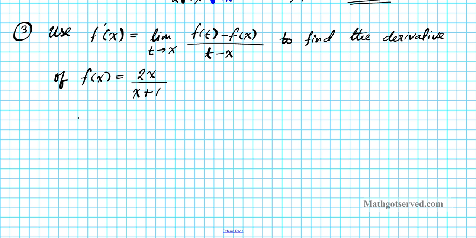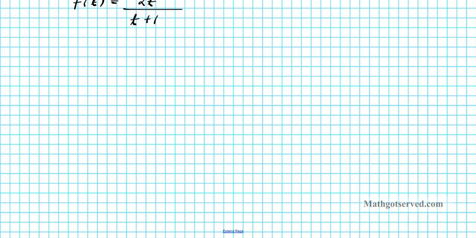We need to find out what f of t is. F of t is what you get when you substitute t for the x's in the function. So instead of 2x, you have 2t. Over the denominator of x plus 1, you have t plus 1. Okay? Alright, now let's input f of x and f of t in the formula. Simplify it and see what we get.